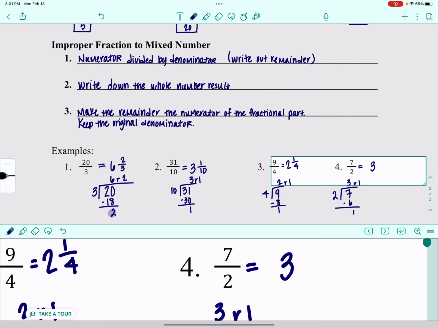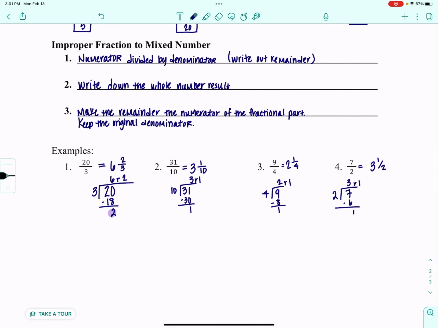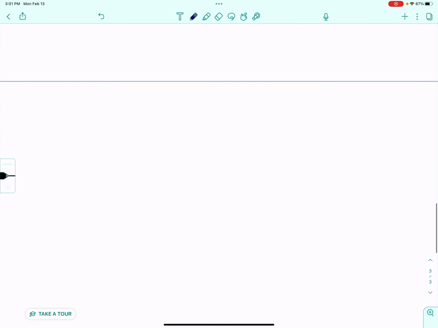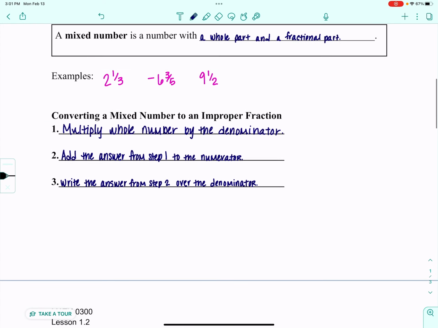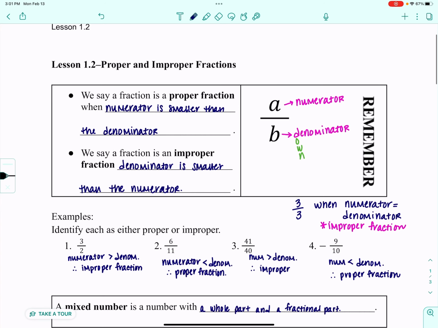So I keep the whole number part. I use the remainder as the numerator, and I keep the denominator. And that is a quick reminder lesson about proper and improper fractions along with mixed numbers.